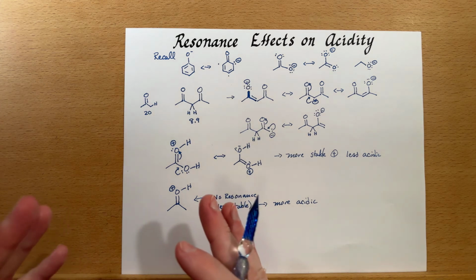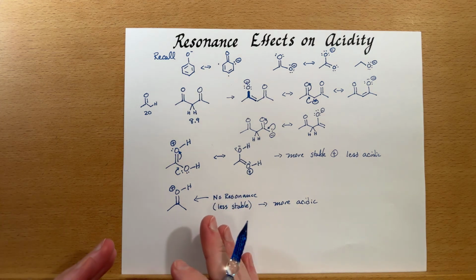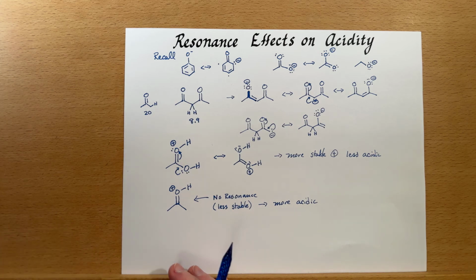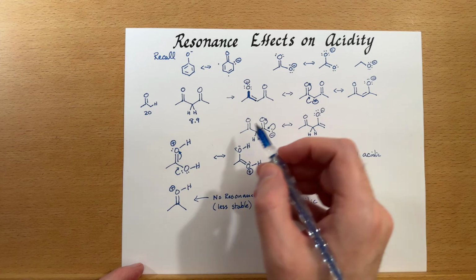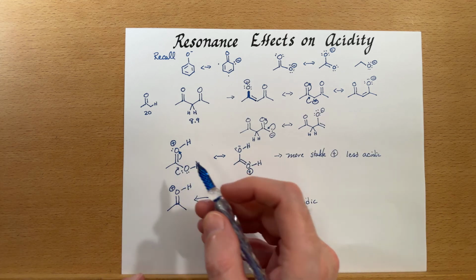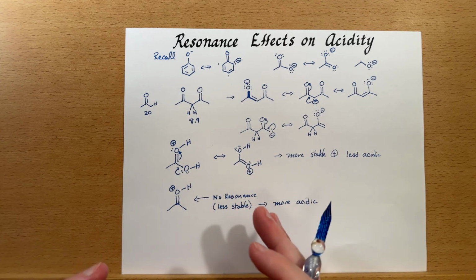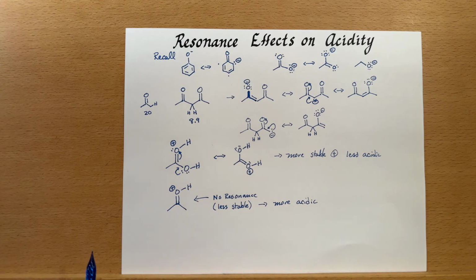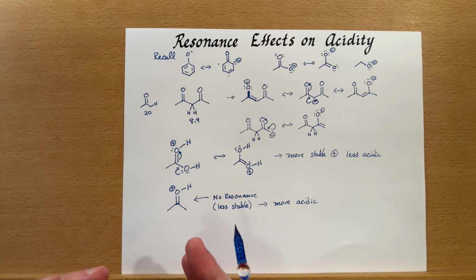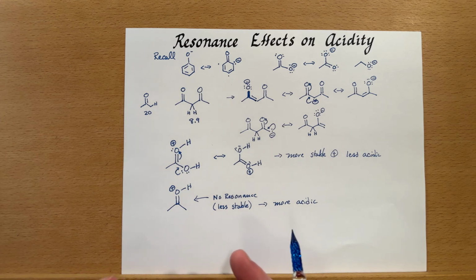So often we're looking at these things in a little bit of a backwards way. We look at what we're making or what we've started with to see how easy or difficult it would be in order to achieve that. And sometimes we need to do that just so that we can examine the resonance capabilities.